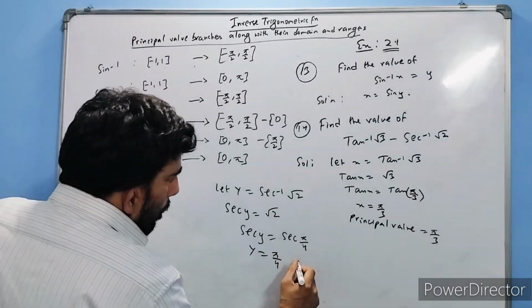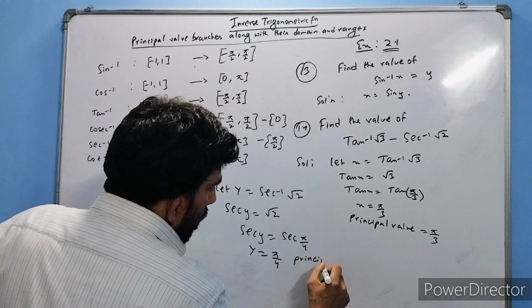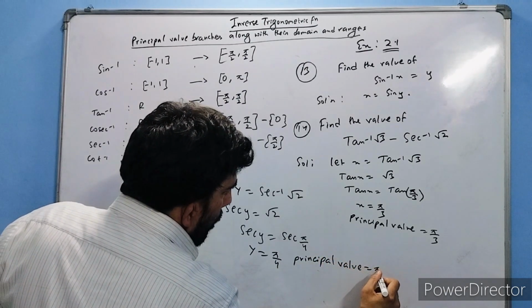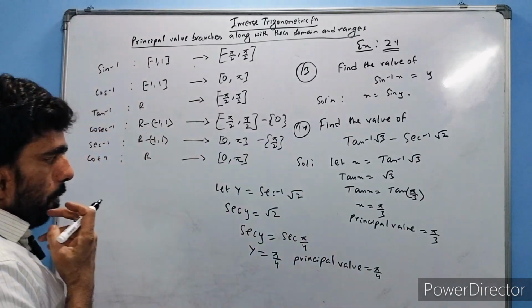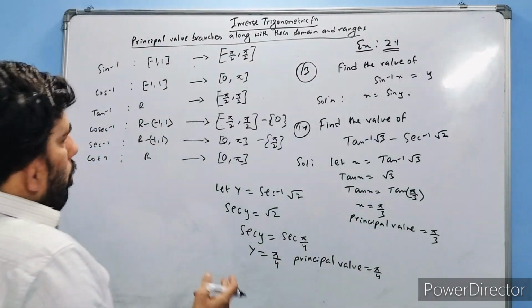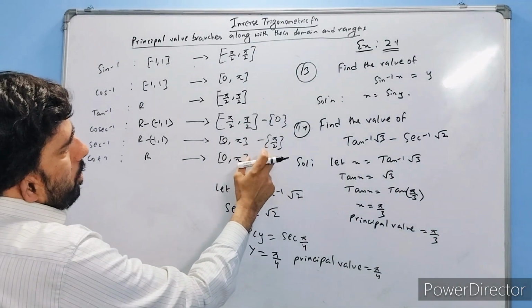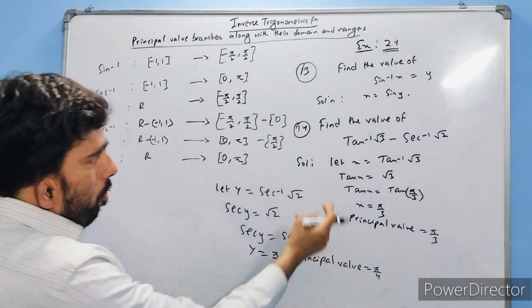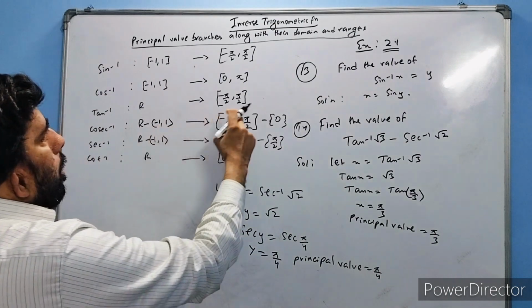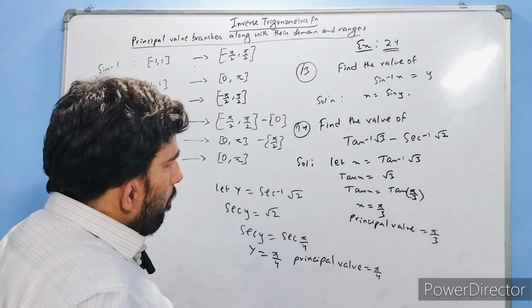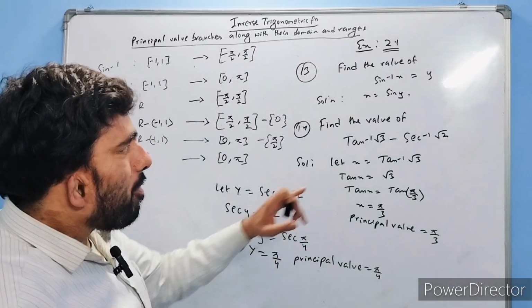So its principal value will be pi upon 4. As we all know, sec inverse ranges between 0 to pi, but it does not include pi by 2, and tan inverse ranges between minus pi by 2 to pi by 2. So we have found the principal value of both the functions.